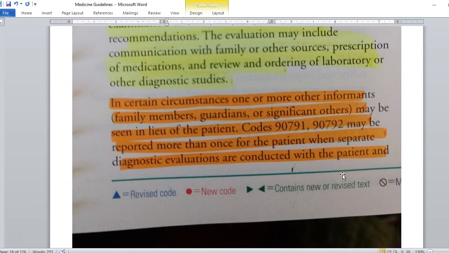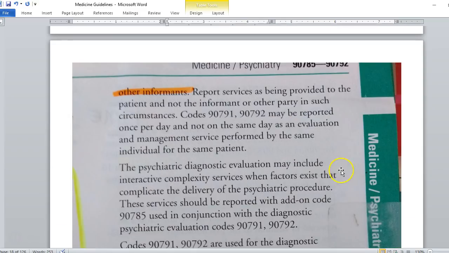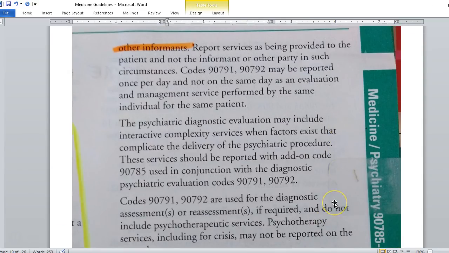Again, in certain circumstances, one or more informants, like family members, guardians, or significant others, may be seen in lieu of the patient. So we have code 90791 and 90792 may be reported more than once for the patient when separate diagnostic evaluations are conducted with the patient and other informants.